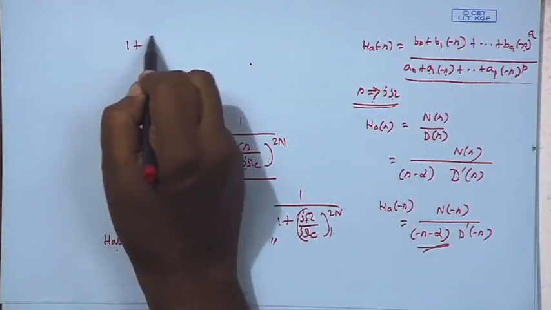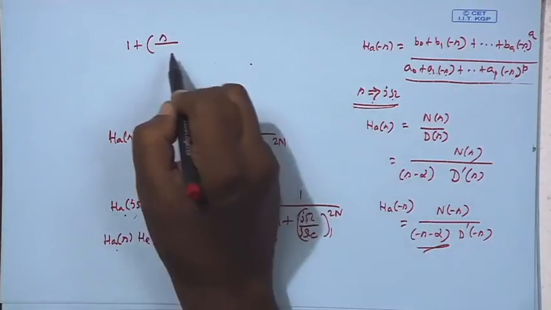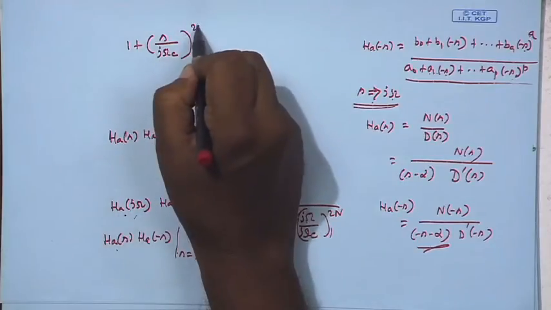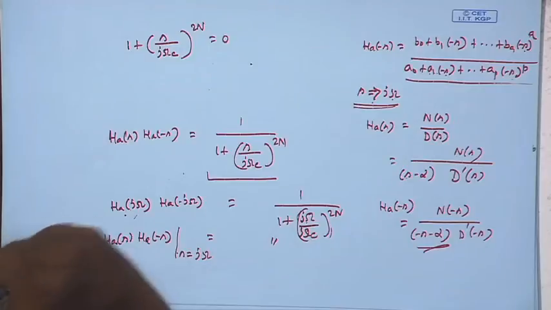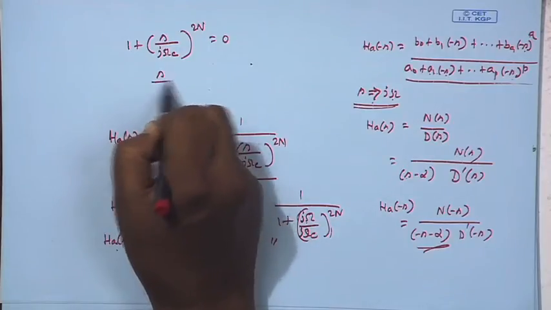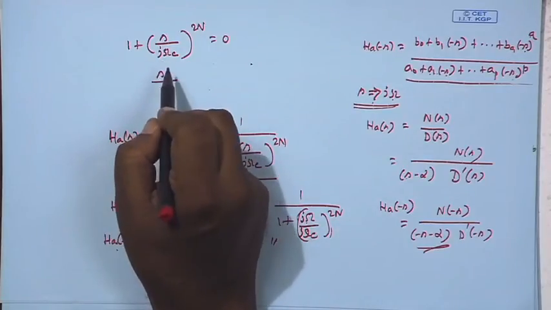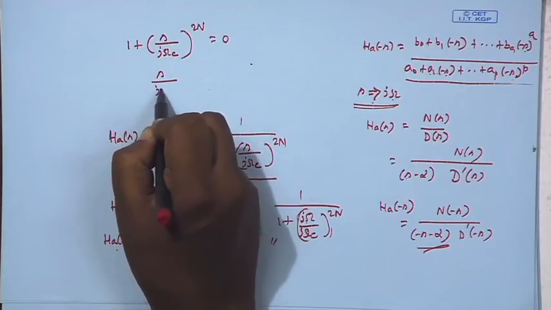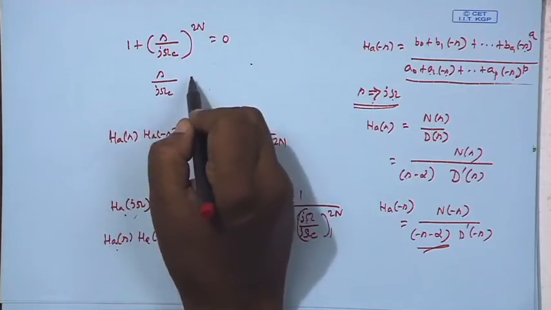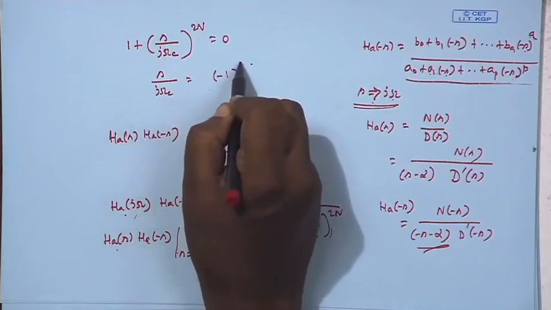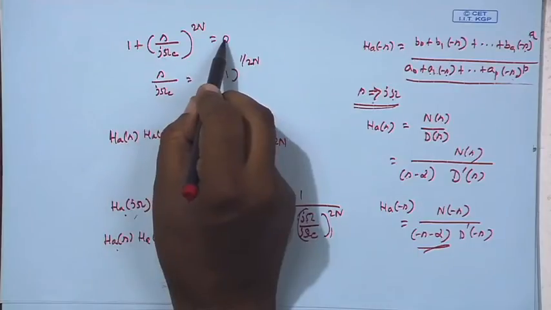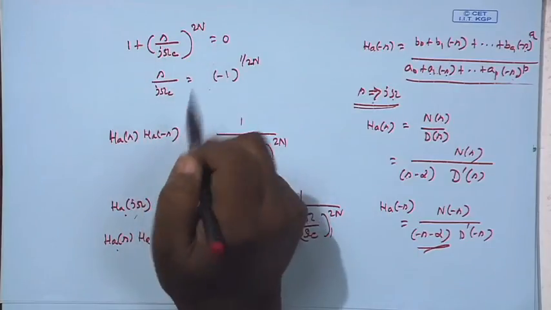So, to find the roots, you take this and equate to 0, which means s by j omega_c is equal to minus 1 whole to the power 1 by 2n. 1 goes to this side, minus 1, so 1 by 2n.